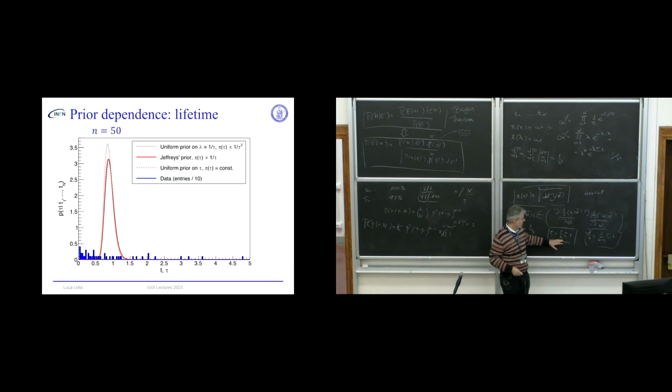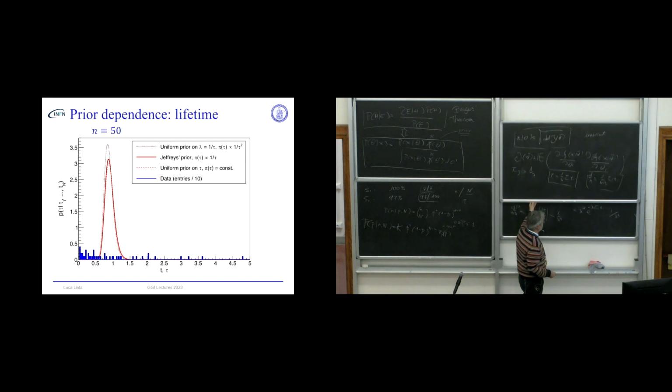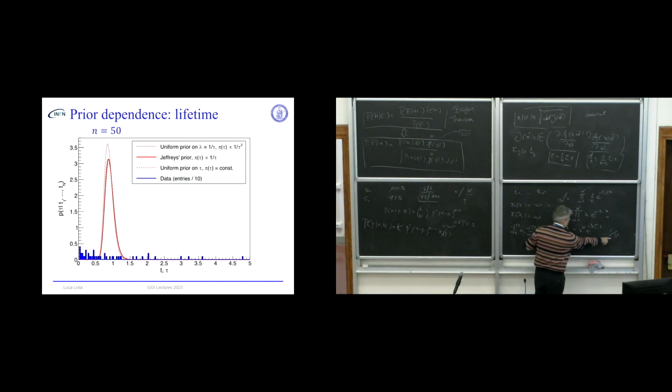This one? This one is basically because here you have this term. So this is lambda to the n minus 2, e to the minus lambda sum. So you have to do the derivative of this quantity with respect to lambda, and you end up basically with a term n minus 2, which comes from the derivative of this.